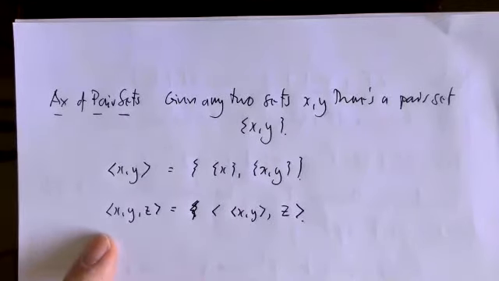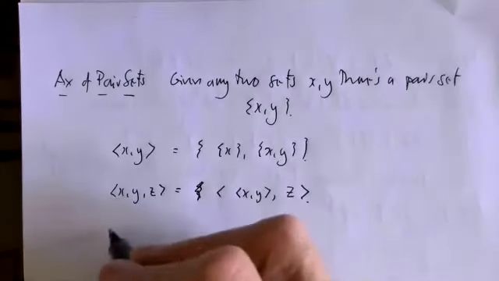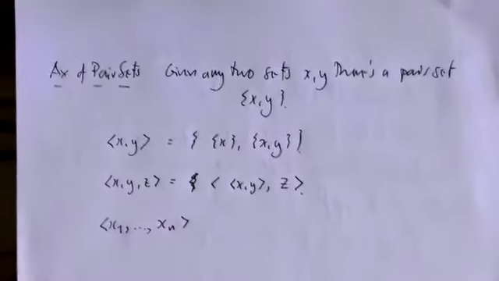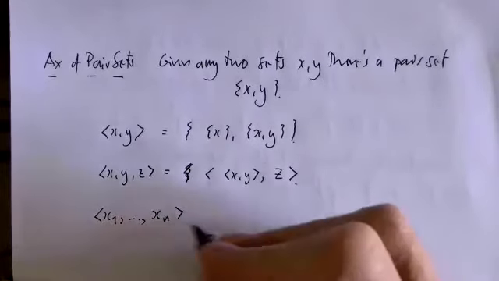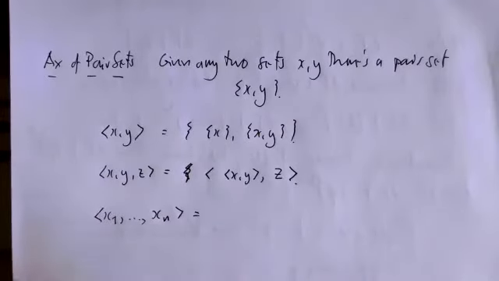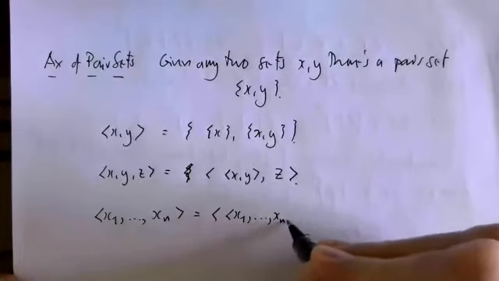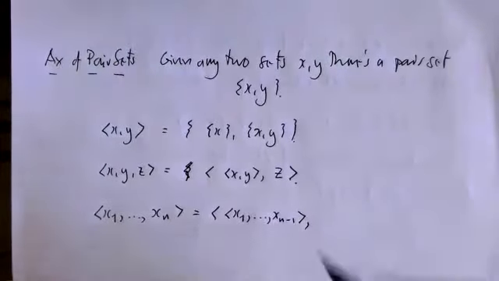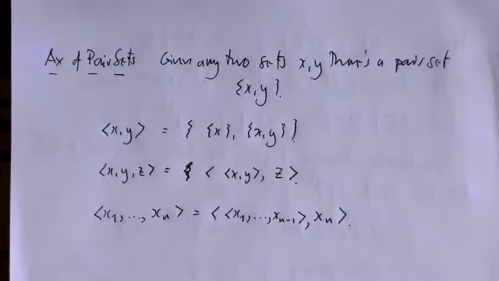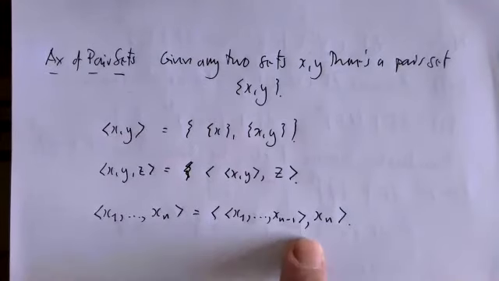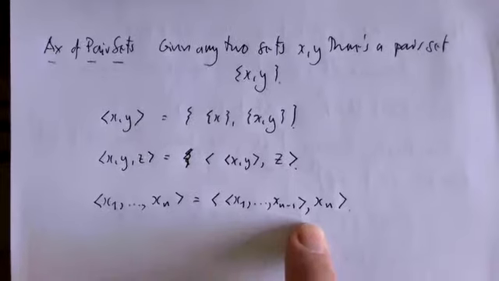This is the basis for ordered n-tuples. By induction, we define an ordered n-tuple, assuming we've defined ordered (n-1)-tuples, and we just pair it up with the last thing, xn. So all of these ordered tuples are actually ordered pairs of a special form.